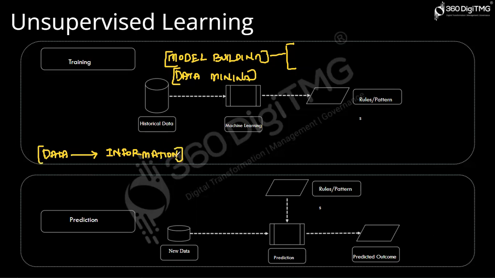How do we get this information out? So we measure data. How do we measure data? What are the different things that we have to use to measure data?